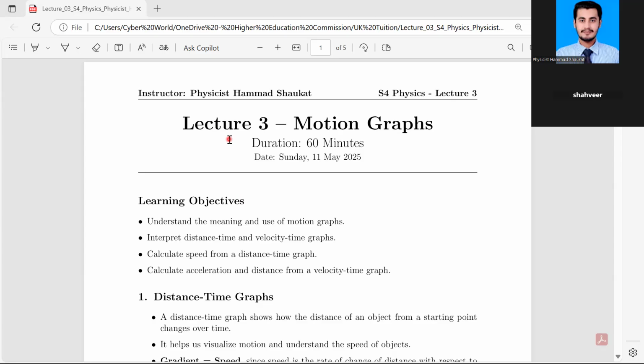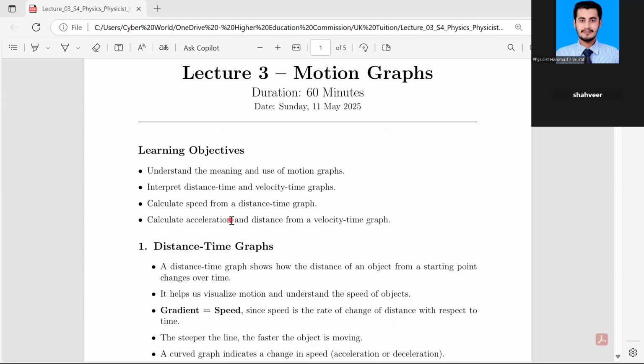We will calculate the speed from the distance time graph, and we will calculate the acceleration from the velocity time graph. Basically, the distance time graph is used to calculate the speed, whereas the velocity time graph is useful to calculate the acceleration.